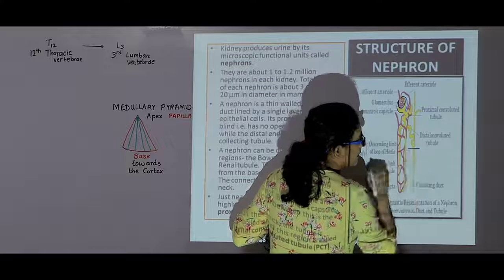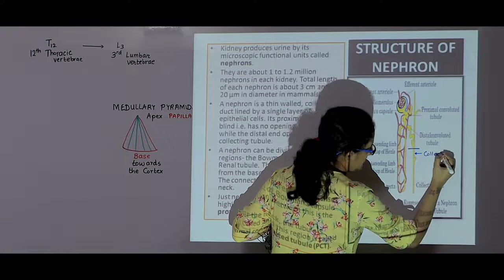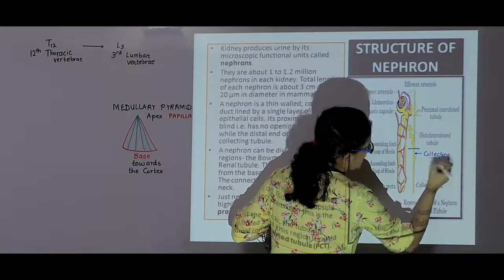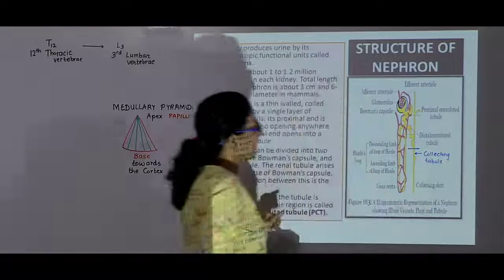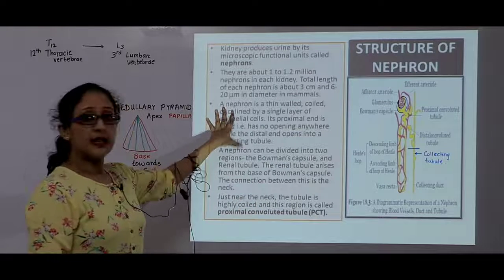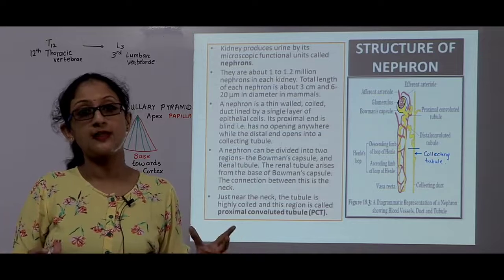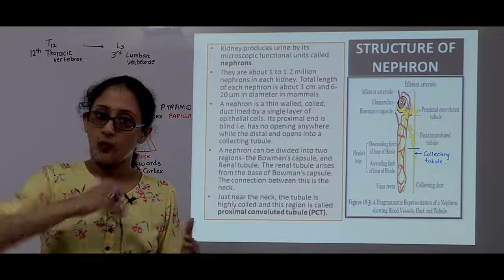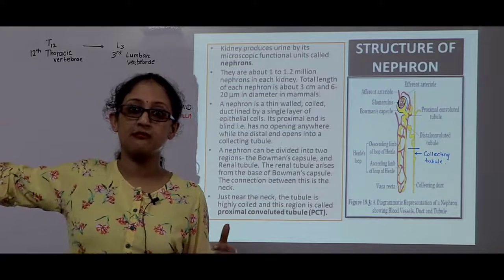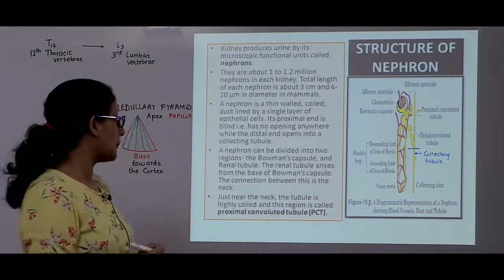Once again, it is a single layer of cells. The proximal end, that is the Bowman's capsule, does not have an actual opening, it is blind, whereas the distal end opens into the collecting tubule.